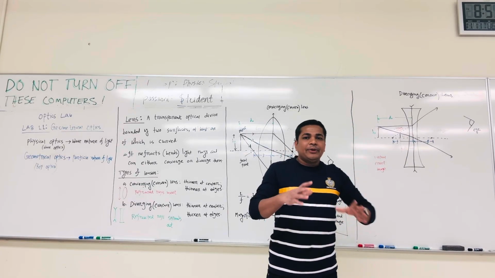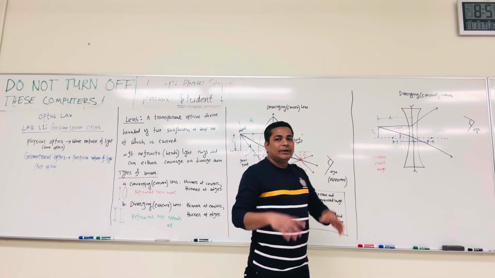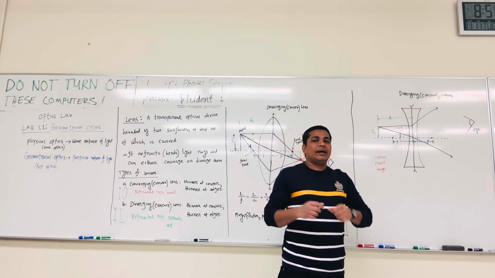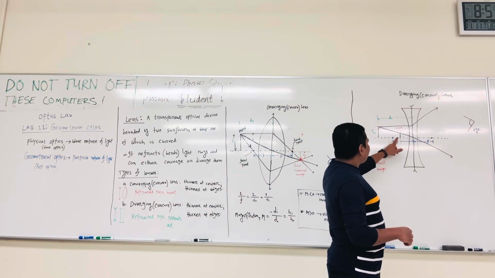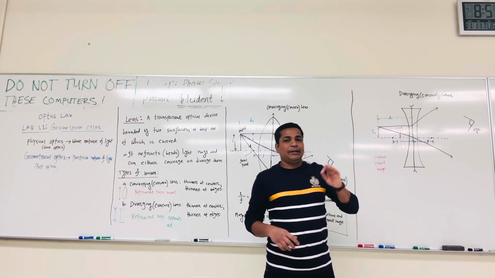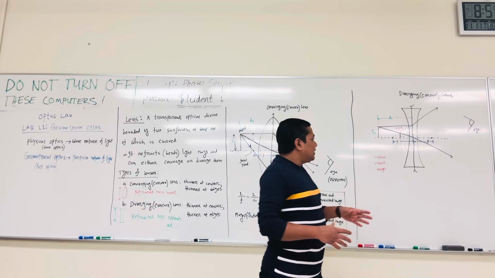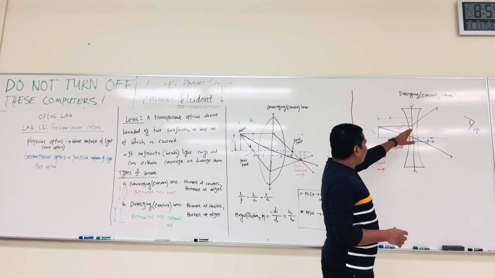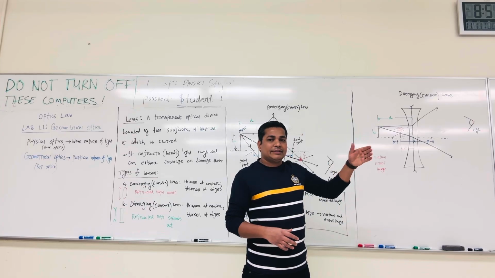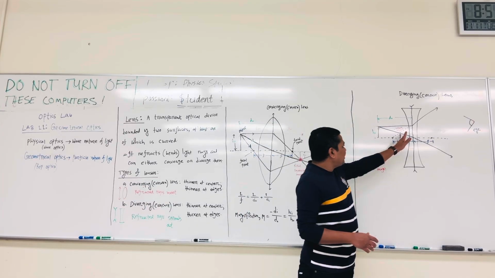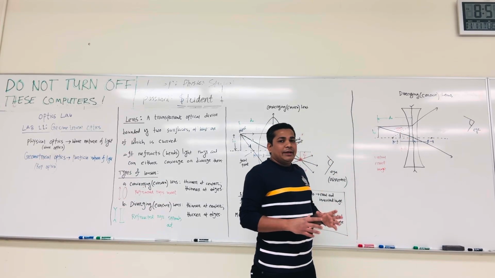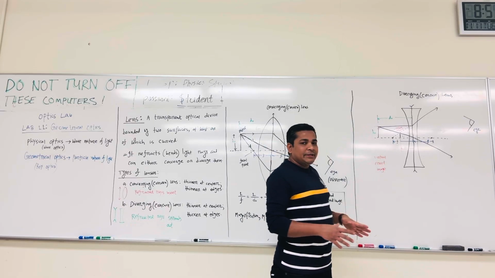Since the refracted rays do not really meet at any point, we get a virtual image in this case. We only get the image if we extend the refracted rays in the backward direction, I mean behind the lens. So that's why this is called a virtual image.